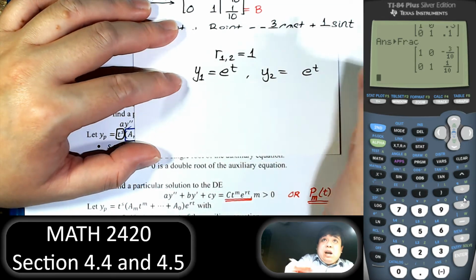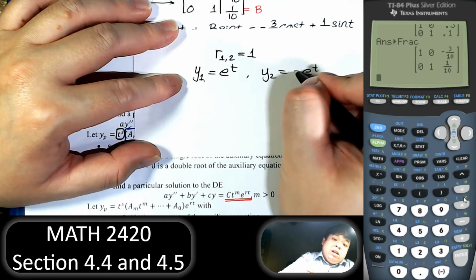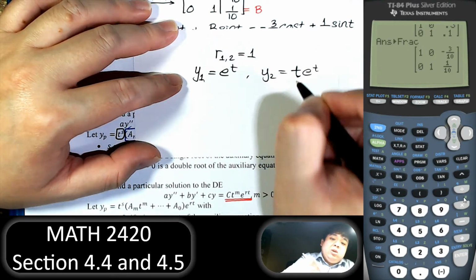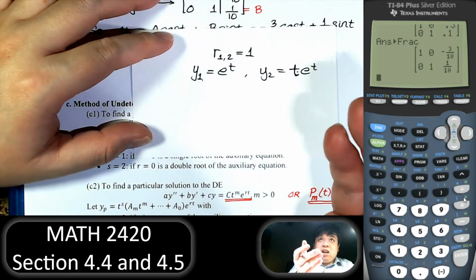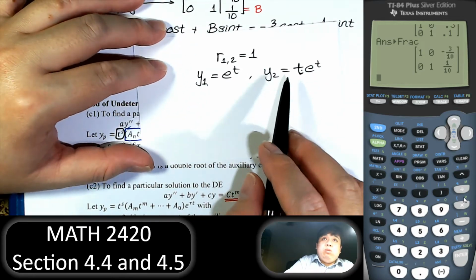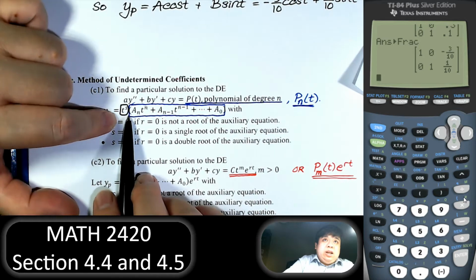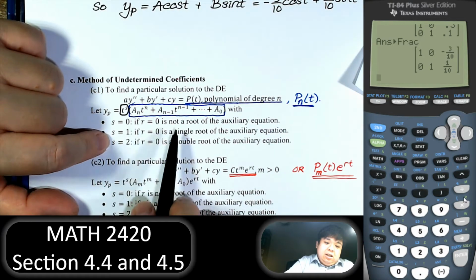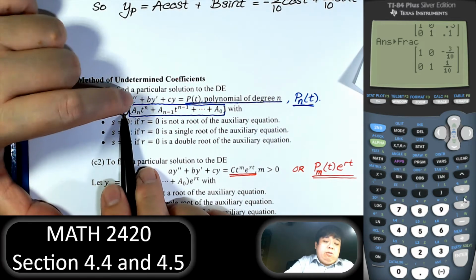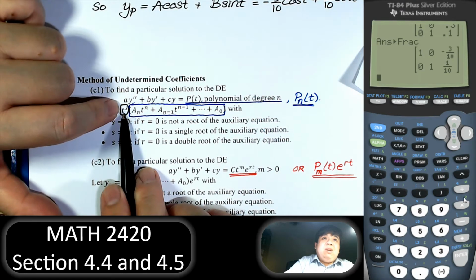We cannot do that because those two are not linearly independent. So we have to put the t to it to make it different, to make it linearly independent. So that's why we multiply a t to it. Likewise, we multiply the t to it if there is some redundancy, to make them linearly independent.